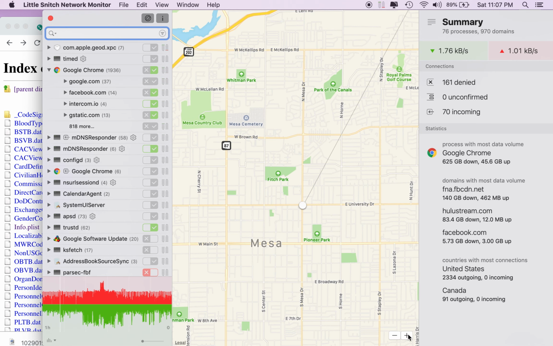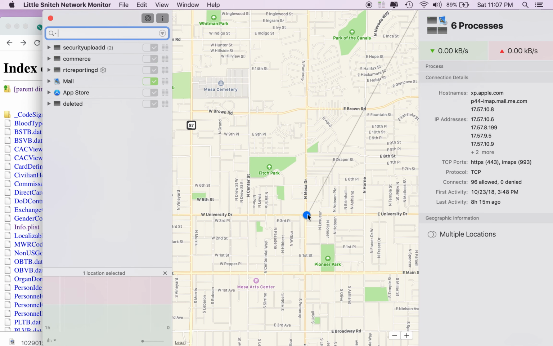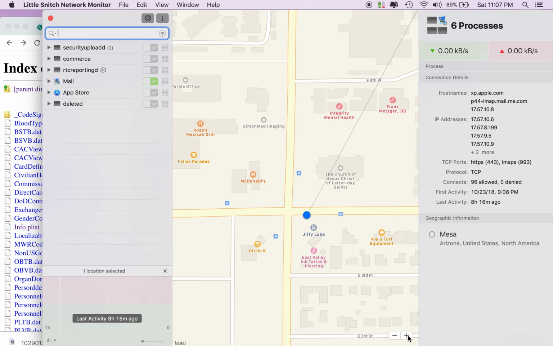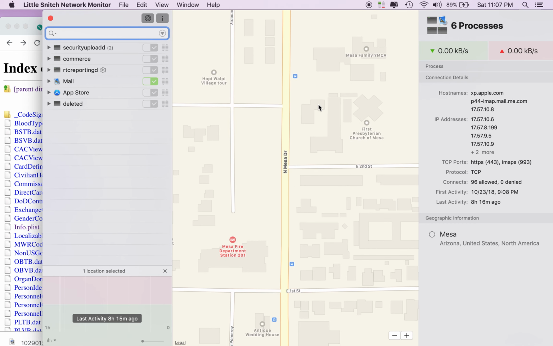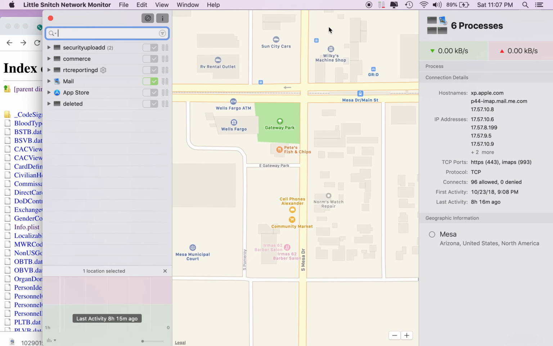And when I do the IP search right here, they're controlling my mail, and iCloud and everything. But look what we got. We got the LDS church. Then it'll switch over and go over to the LDS church down the street.